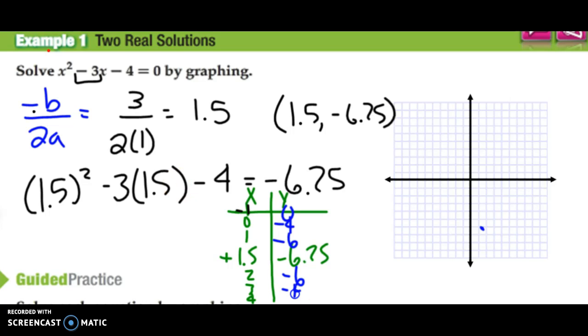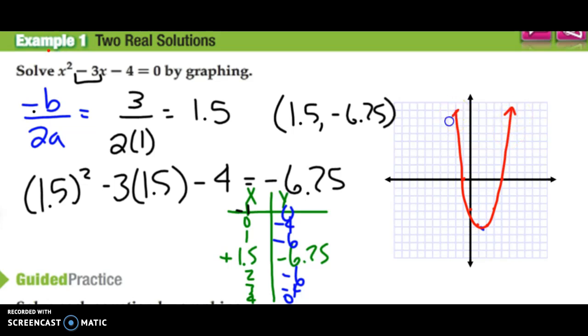And parabolas do that. They're the same on the left as on the right of the axis of symmetry, which we found to be 1.5. So I graph those values. So -1, 0 is right there. 0, -4. Okay, 1, -6, and 2, -6, 3, -4, 4, 0. Okay, and we see our parabola is just like this.